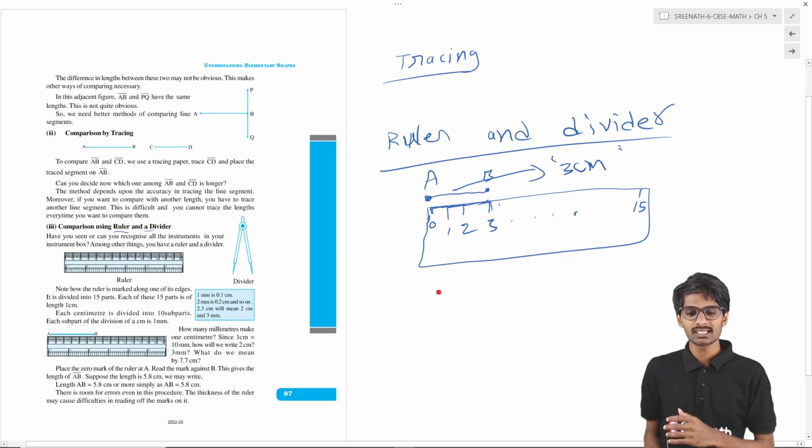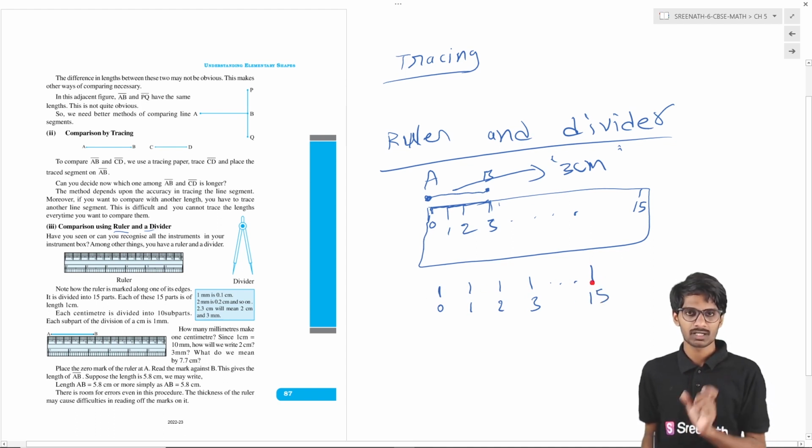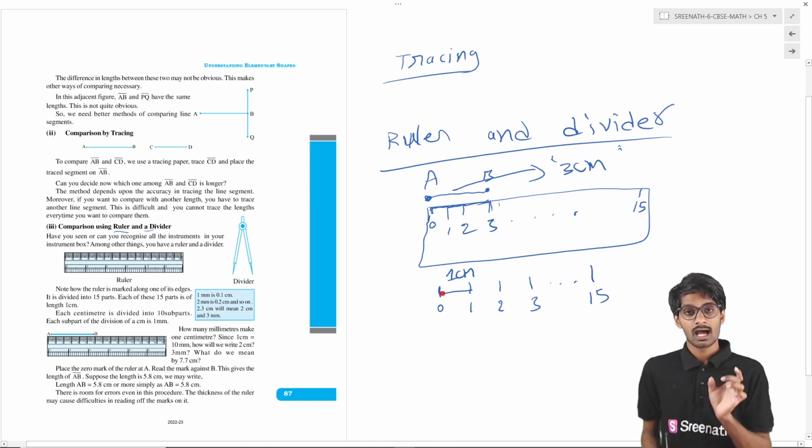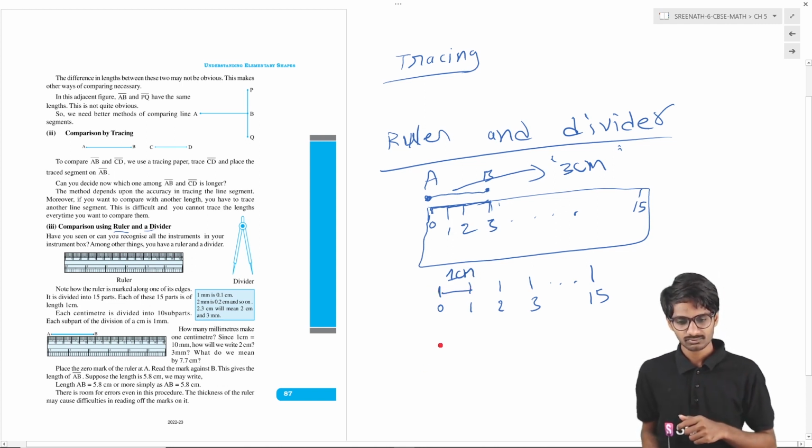So basically in the ruler there is 0, 1, 2, 3 like that and so on, up to 15. There are 15 equal parts. We call each equal part 1 centimeter, and in the gap of 1 centimeter, from 0 to 1, you observe there will be another 10 subdivisions.